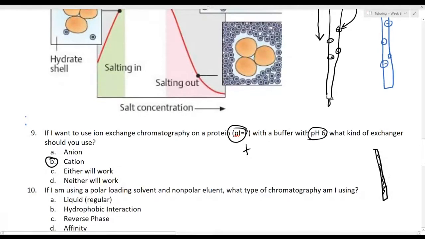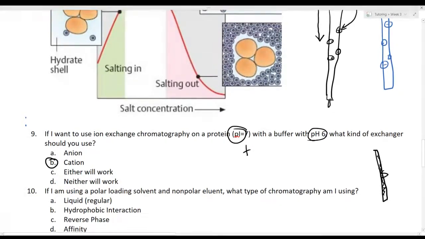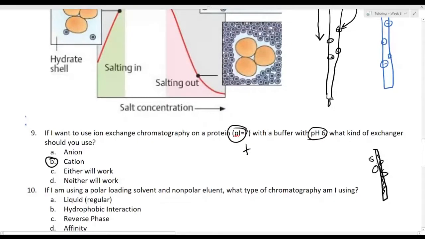So affinity chromatography, for example, will have these little, usually they're just called resins, basically just something that can interact with your protein going through it. And so affinity chromatography might be, you have a certain resin that is specifically attracted to the protein that we want to purify.